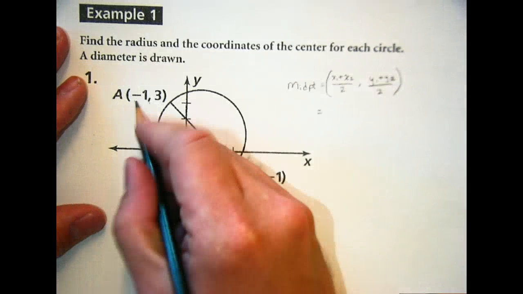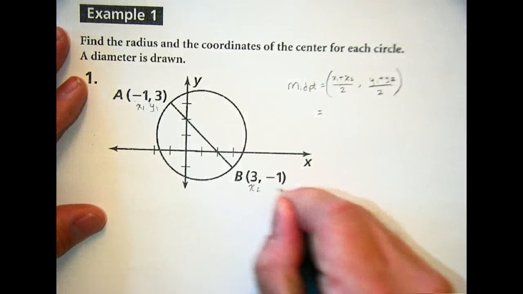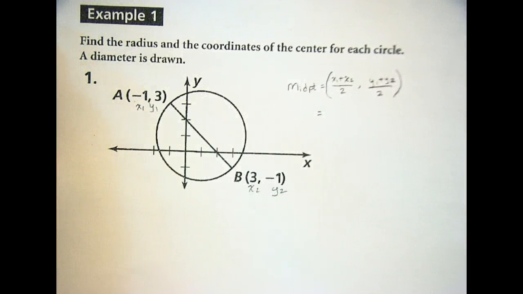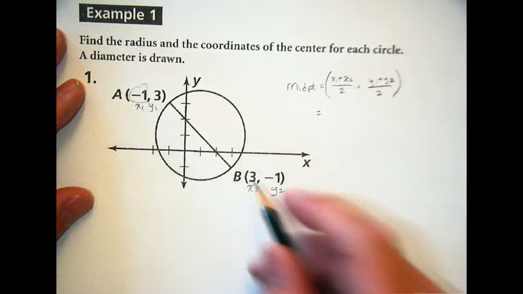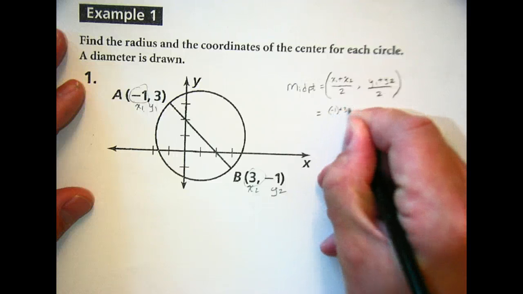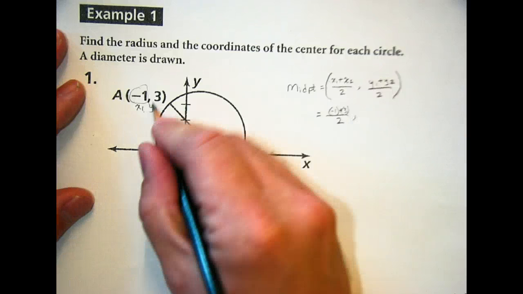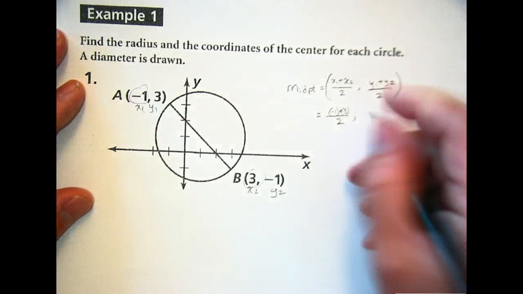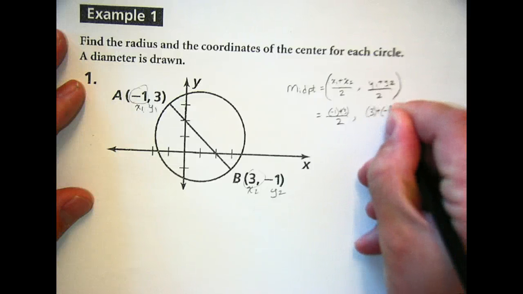In this case, if I call that x1 and y1 and x2 and y2, applying that midpoint formula again, we're going to have (negative 1 plus 3) all cut in half. And then we're going to have (3 plus negative 1) all cut in half. And you'll notice I put them in parentheses.